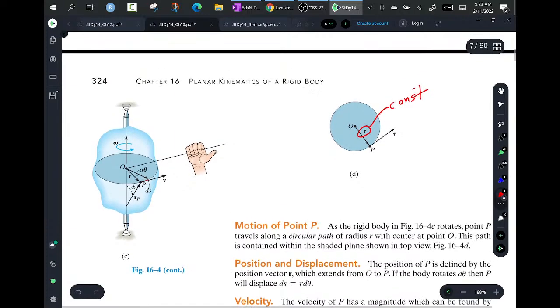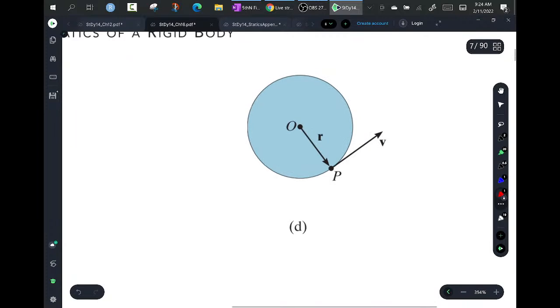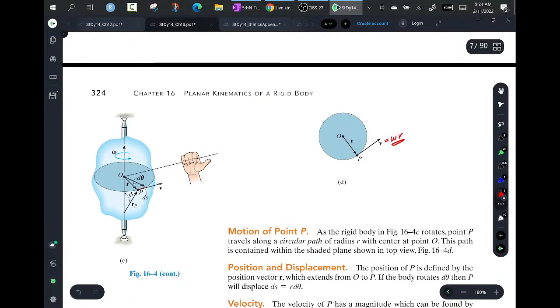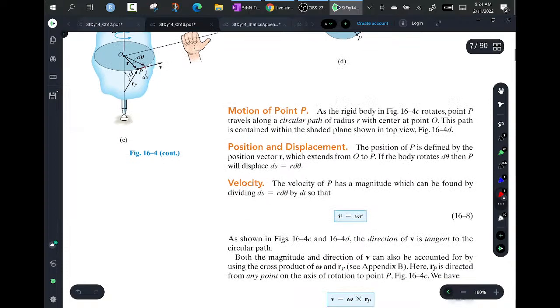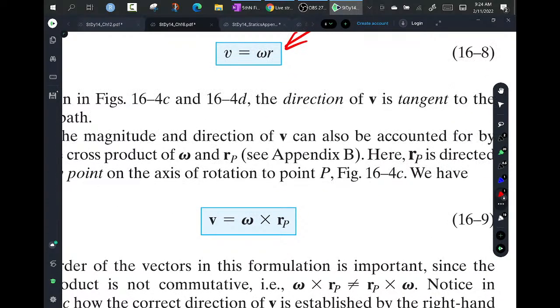And it turns out, if you look at this, you'll find that the velocity here is a... I think he'll talk about that in a minute, so I probably should wait. Oh, well, no, he talks about it on this page. But it turns out that in a vector sense, this is the case.